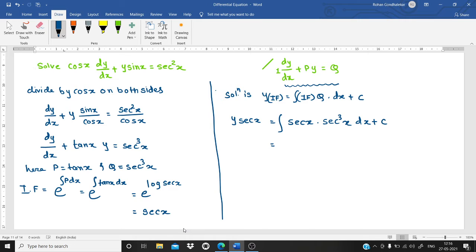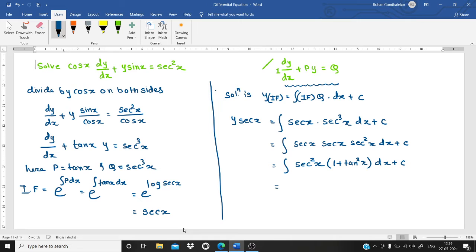So we can write it as sec x into sec square x. Further, the sec square x can be written as 1 plus tan square x. So it can be written as sec x into sec x into sec square x dx, which is sec square x into 1 plus tan square x dx plus c.